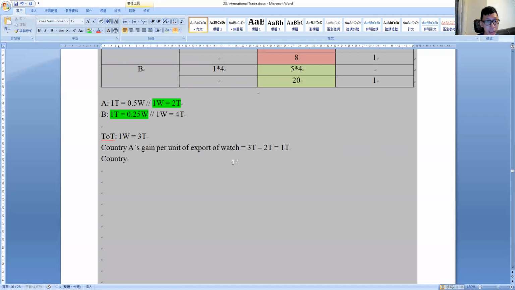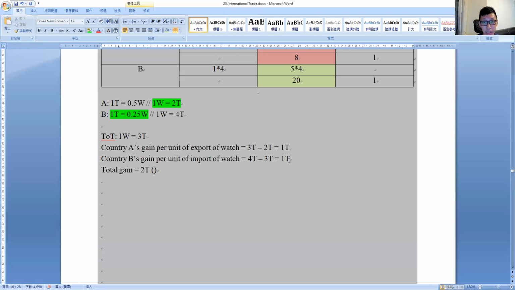Now, what about country B's gain per unit of import of watch? It would be here, 4T minus 3T, and that would give us 1 toy. Okay, 咁啱啦，今次咁啱啦。So the total gain will be 2 toy, which, how do you find it?